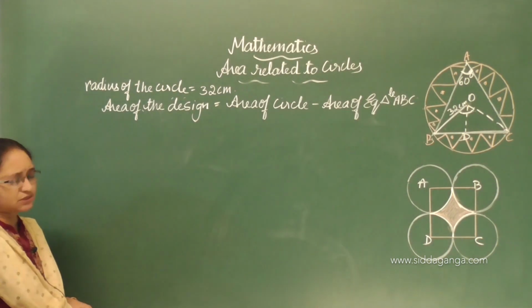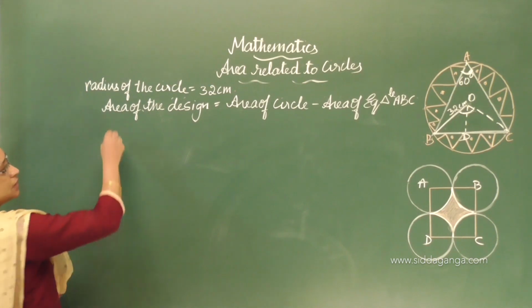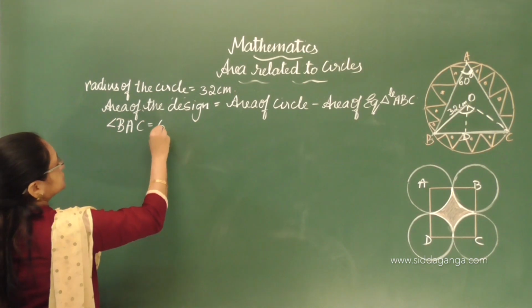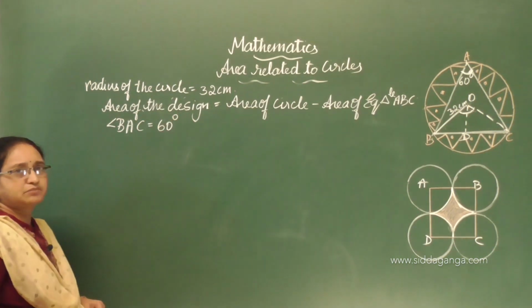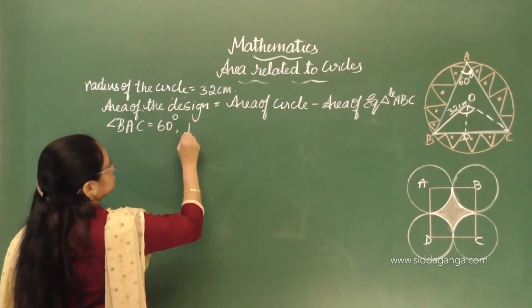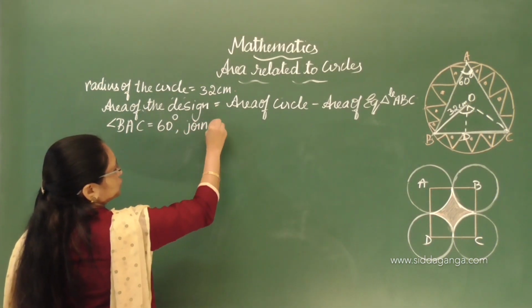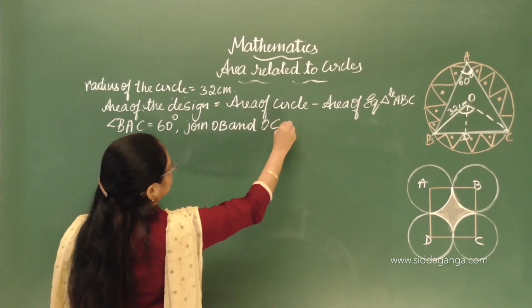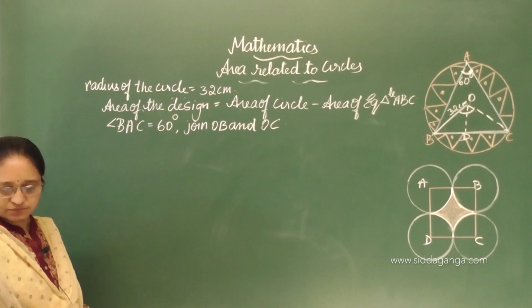Now OB and OC are joined, you can write, and angle BAC is equal to 60 degree. Then join OB and OC, okay.